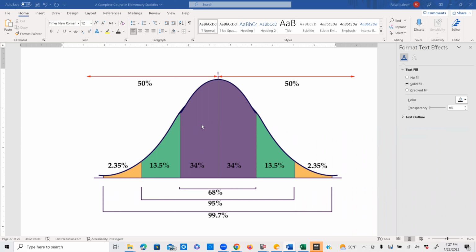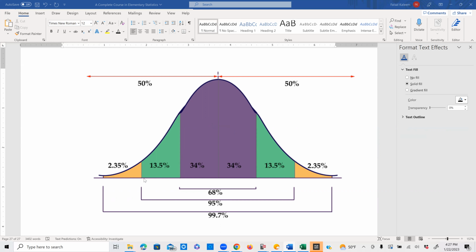So remember, 1 standard deviation is 68%. So we split it up into 34 and 34 like that. And now 2 standard deviations, the area within 2 standard deviations is the area from this mark up to this mark. We know it's 95%. So this one is 68. And from here to here, it's 95.